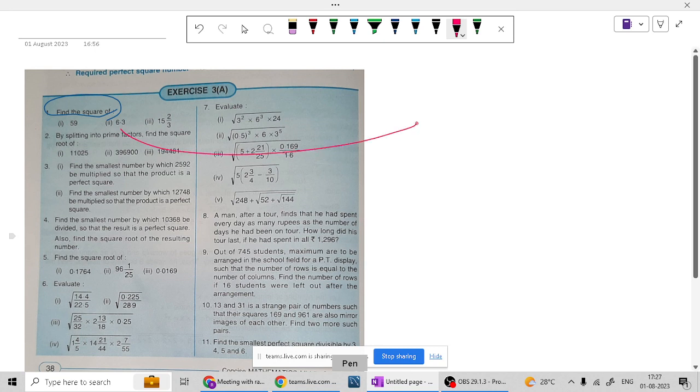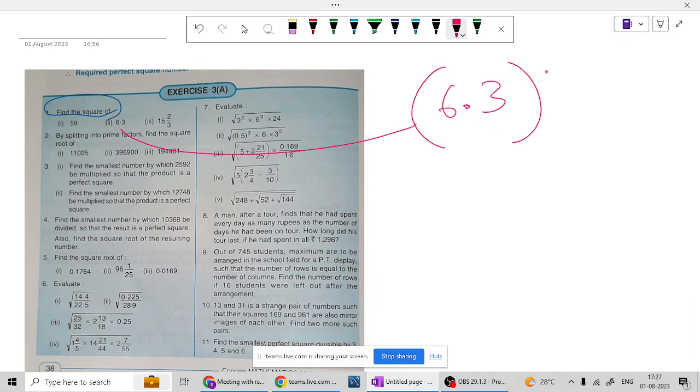Next, 6.3. What kind of number is this? Decimal, sir. So find the square of 6.3. 63 into 63.